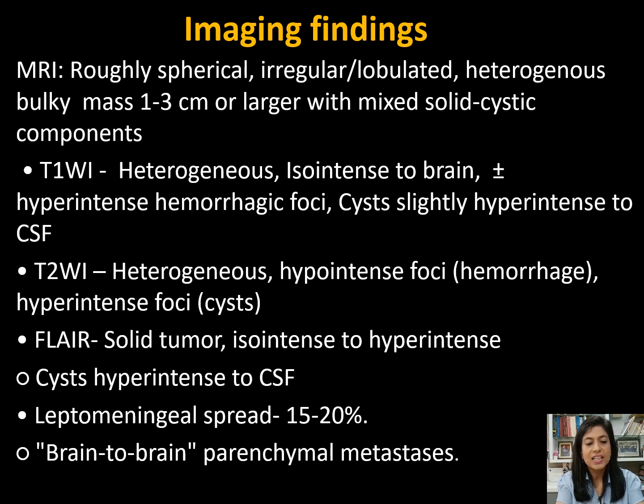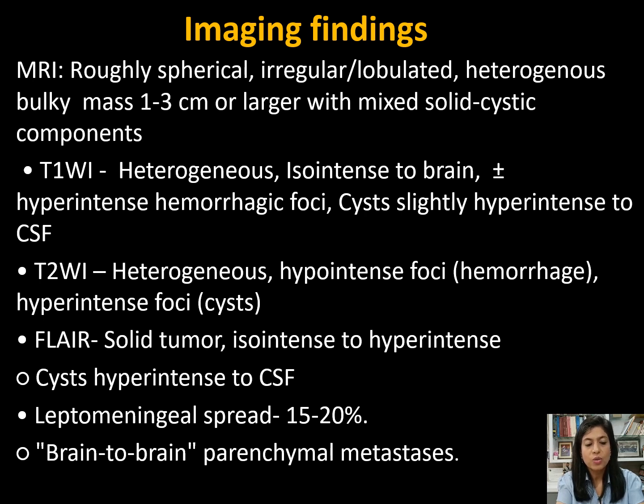Cysts are slightly hyperintense to CSF. On T2 weighted images, it is heterogeneous, with hypointense foci of hemorrhages and hyperintense foci of the cysts. On FLAIR, the solid tumors are isointense to hyperintense, and cysts appear hyperintense to CSF.